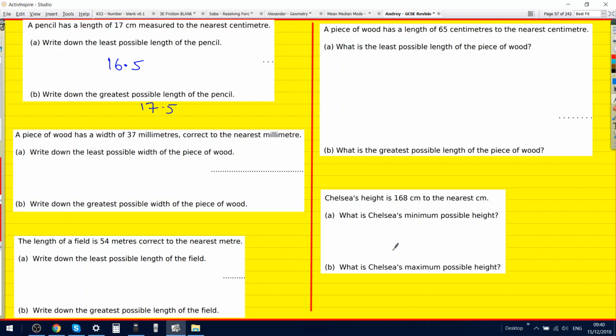How about bottom right? Is it 167.5? Mm-hmm. And B? 168.5. 0.5, totally fine.